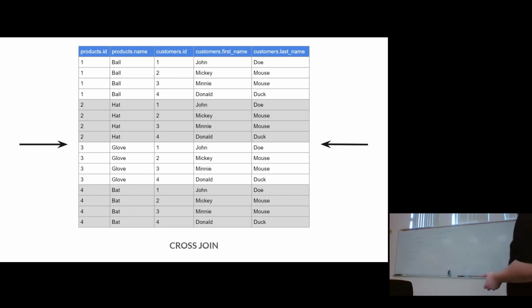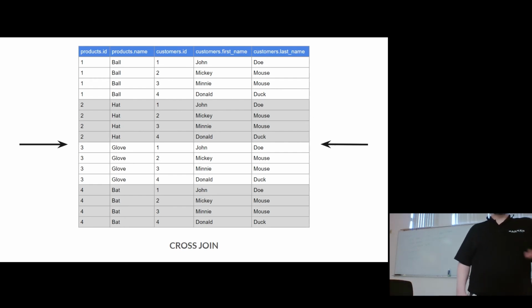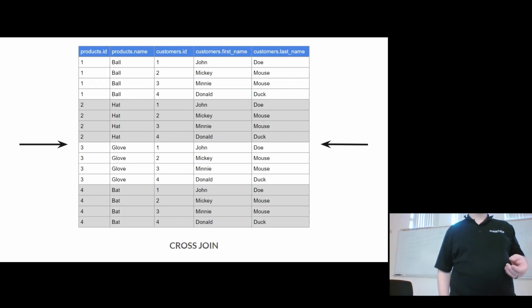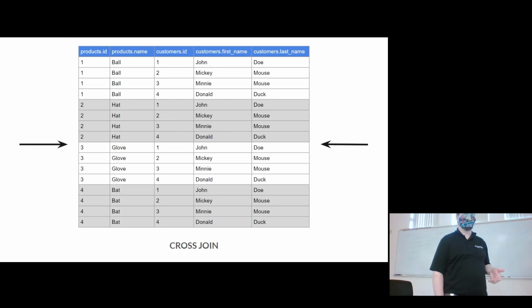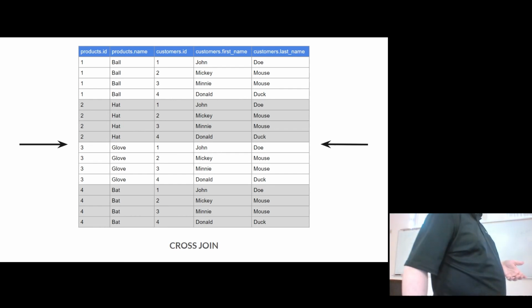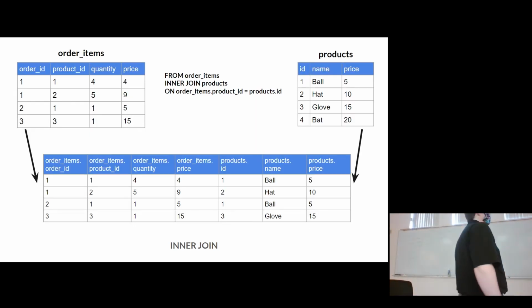Okay. So the other joins are going to give us less data than this. This gives us all of the rows, all of the possible combinations. The whole point of the other joins is to get fewer results than this. Make sense? Okay. Because this is usually not what we want. There are some cases where that's what you want, but that is pretty rare.